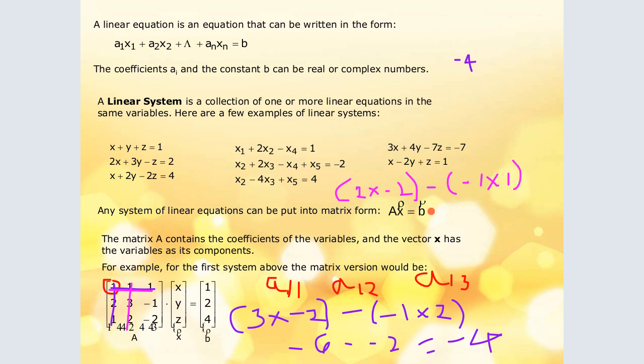So in that case, we are going to have negative 4 minus minus, so you have minus 1. So it is going to be negative 3. So we will be having another element, negative 3. Then we continue that way for all the elements.